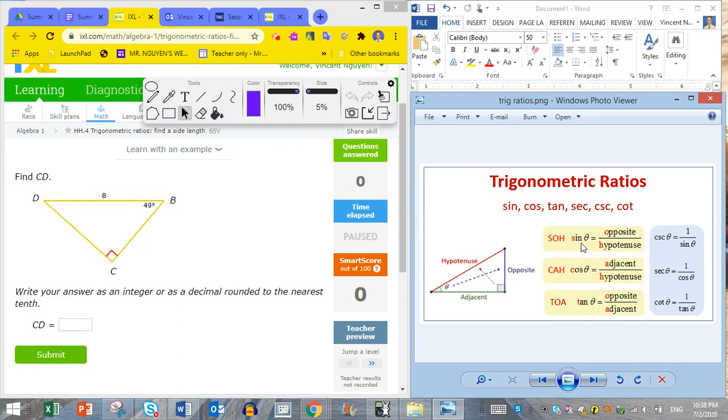For sine of an angle, we're going to be using the opposite side over the hypotenuse, if that's available. For cosine of an angle, we are going to use the adjacent side to that angle and the hypotenuse, if that's available. And then our third option is tangent of the angle. If we have opposite and adjacent, we can use tangent.